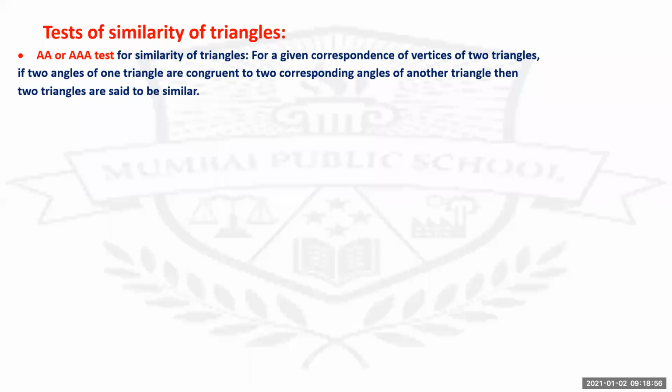For a given correspondence of the vertices of the two triangles, if two angles of one triangle are congruent to the two corresponding angles of the other triangle, then the two triangles are said to be similar.